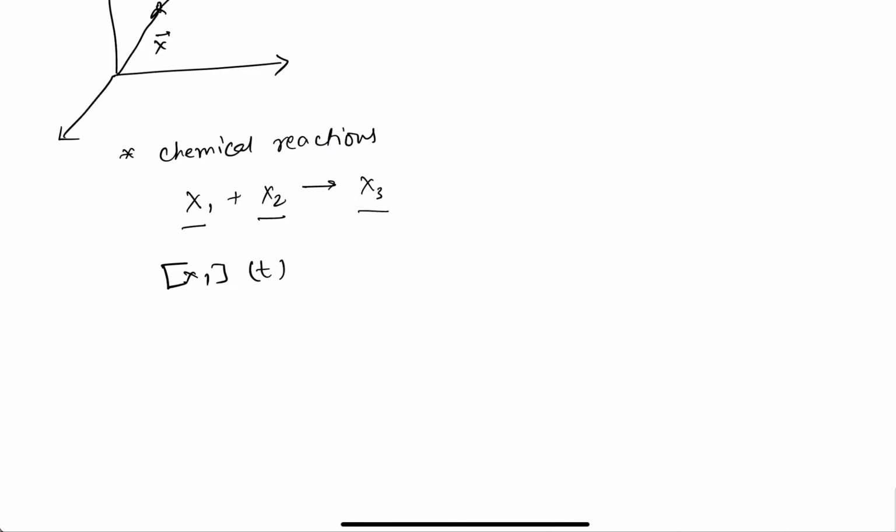So if you have multiple chemicals in a chemical reaction, they are also a dynamical system. And for any dynamical system, you want to predict what would happen in the future.